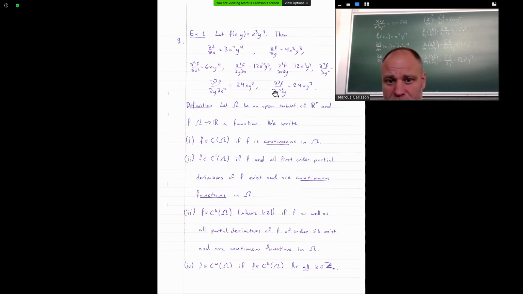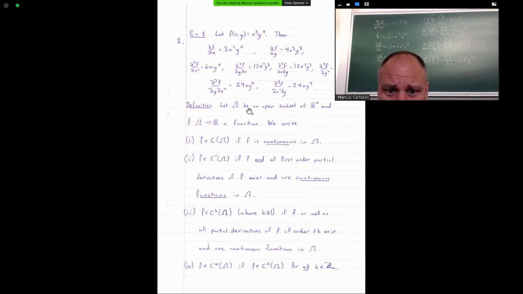So here the order is dx squared dy, which means we have basically taken this one and differentiated this one with respect to x. So then we have 12 here. When we do the derivative with respect to x, the 2 drops down, so 12 times 2 is 24, and we get this thing again. So that also follows from the mixed partial derivatives theory.